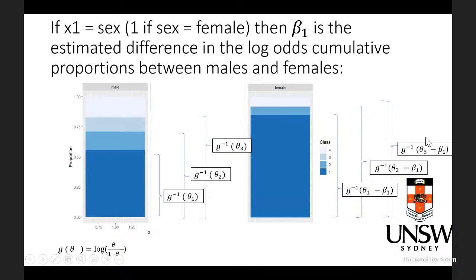So in this model, just to check that people are following, do you think beta 1 is going to be positive or negative? I'll look in the chat for some responses.